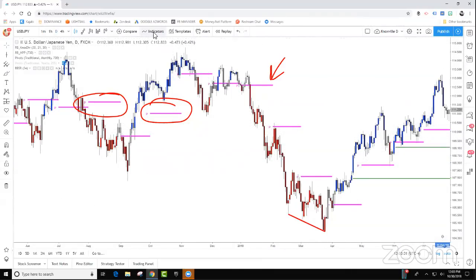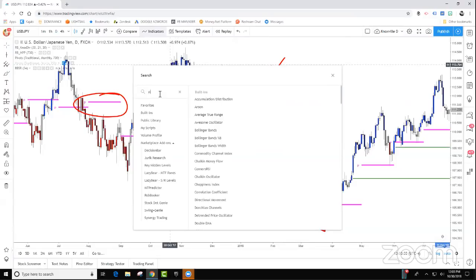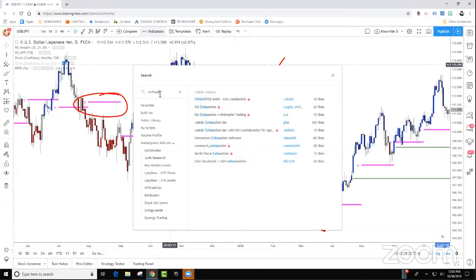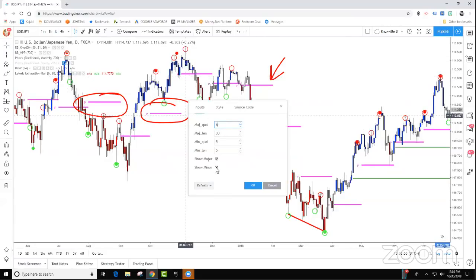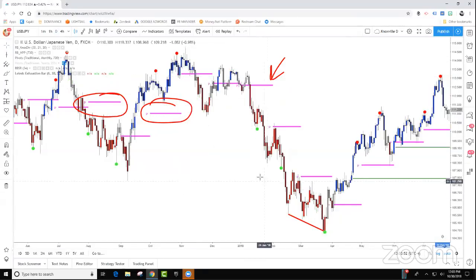What I've also been playing around with lately, and this is more important for the purpose of our webinar today, are exhaustion bars. And I've been playing around with this exhaustion bar by Lele DC or whatever. I don't know what this person's name is. And been showing these major and minor, but mostly the major reversal bars, which in some cases work great and in other cases do not.